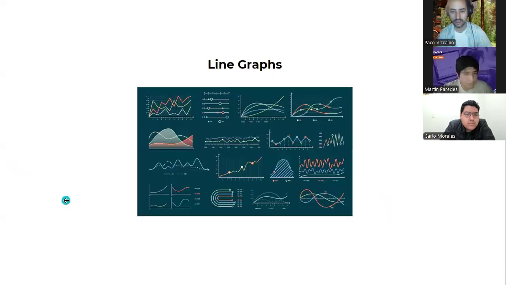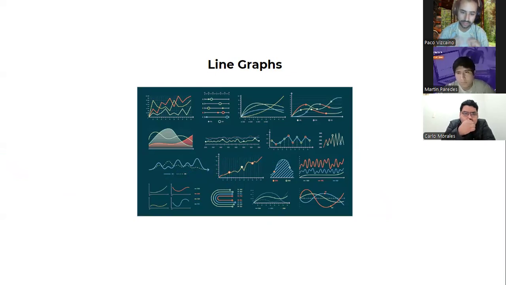line graphs usually show the trend, but also the highs and lows of one subject across time. Okay, so what do I mean by that? Like in this graph here could be the dollar against the, I don't know, Mexican peso.